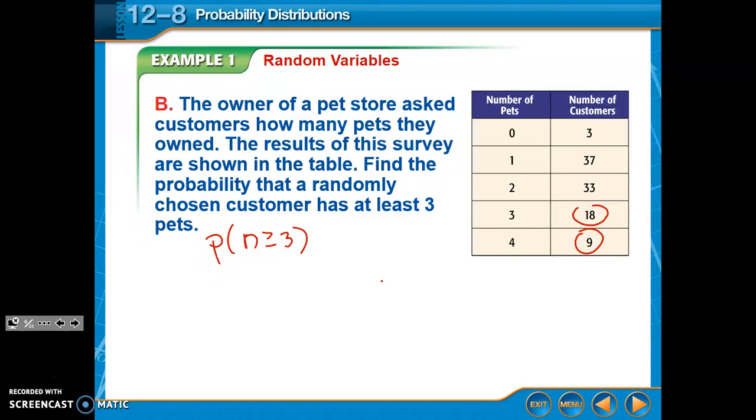Again, this total was out of 100, so this probability is out of 100. And we have 18 and 9, and 18 and 9 together gives us 27. So this probability is 27 out of 100, which as a decimal is 0.27.